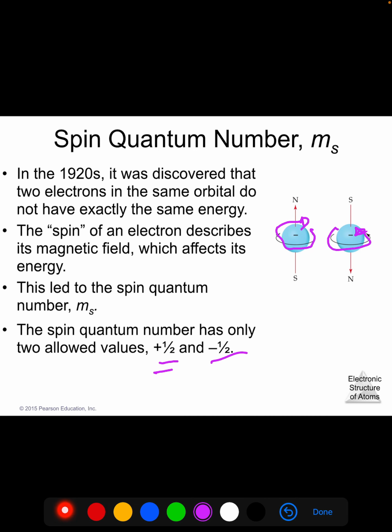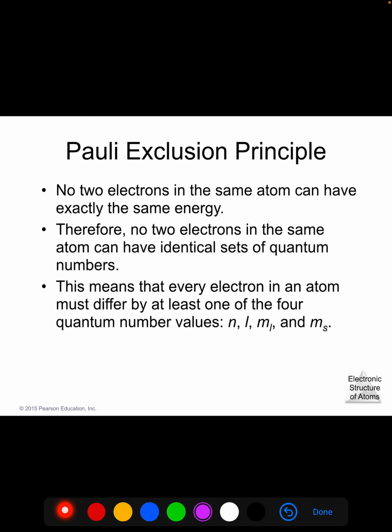Or if you have a 1, the p, and then you have the p that can be aligned along the x, or one aligned along the y, or one aligned along the z, each one with their own quantum number designating it. And you can use quantum numbers to specify an electron.